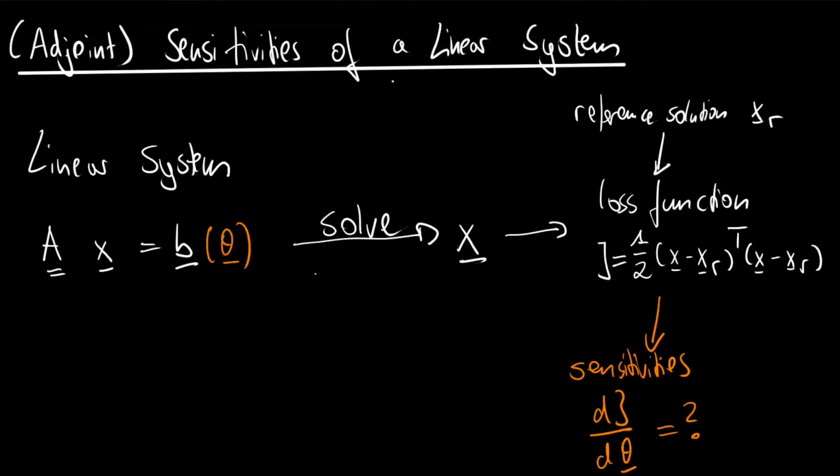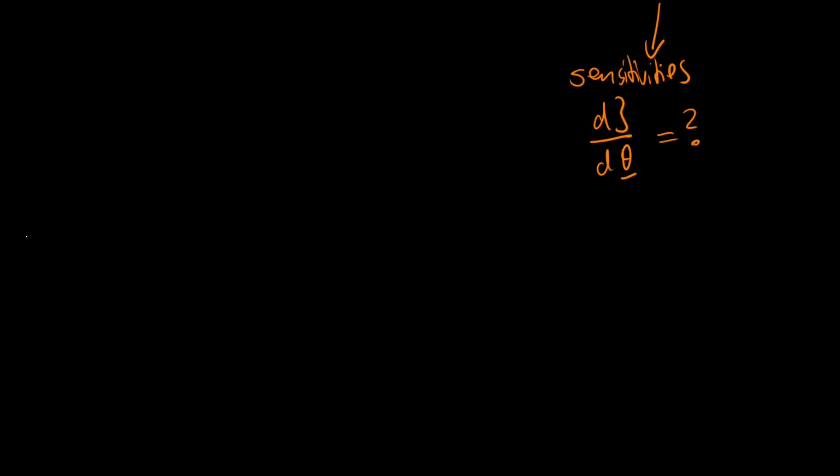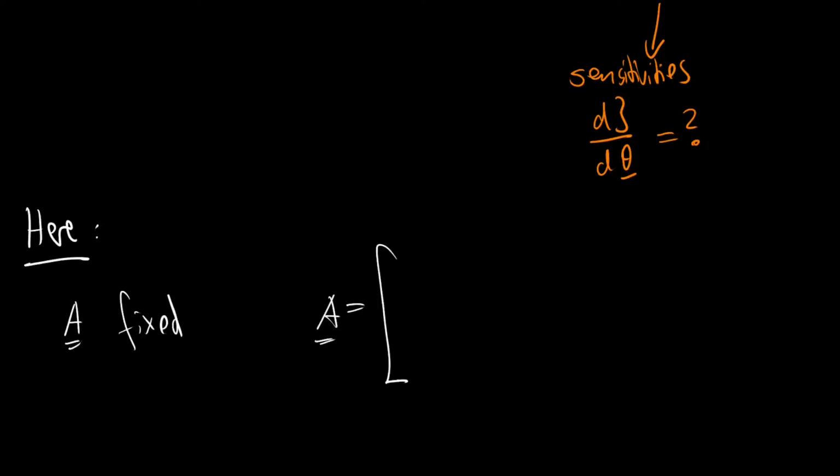Now let me make this a little bit more concrete. For the sake of our example, let us introduce some specific matrices and vectors. So we say that the matrix A is fixed, so this one is not parameter dependent. And let's, for instance, make it a 3x3 dimensional square matrix that has the following entries: 10, 2, 1, 2, 5, 1, 1, 1, 3.